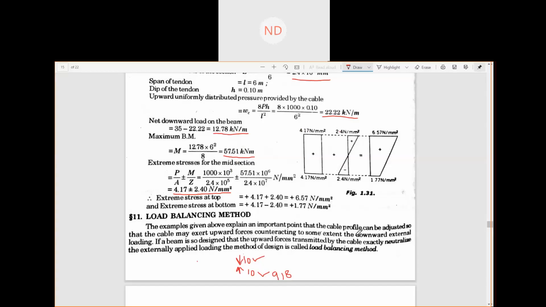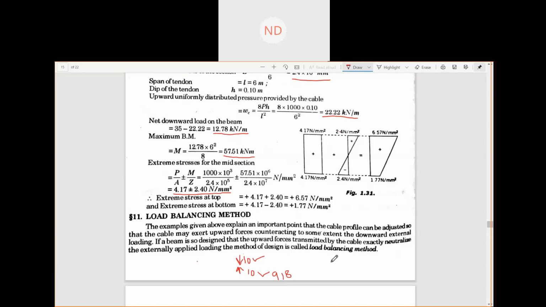So what I was telling you about is the load balancing method. In the load balancing method, we'll try to neutralize the downward load with the upward load. So what will happen here is that we will design the dip.